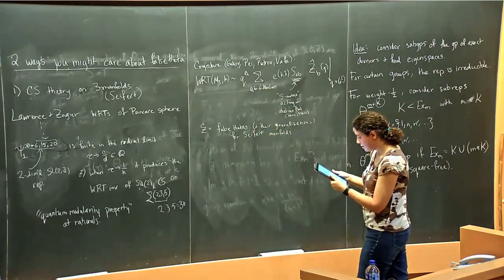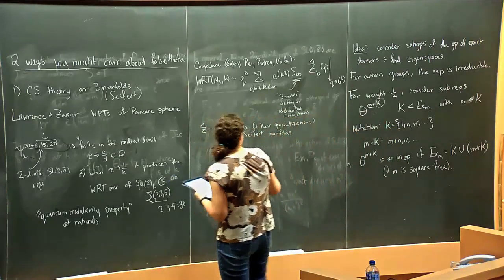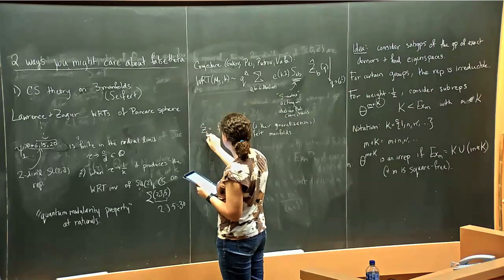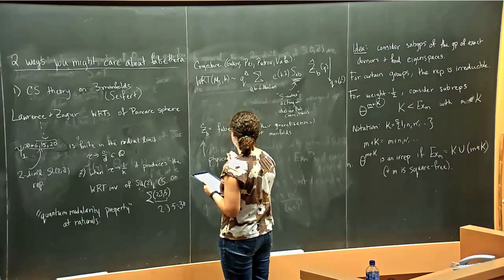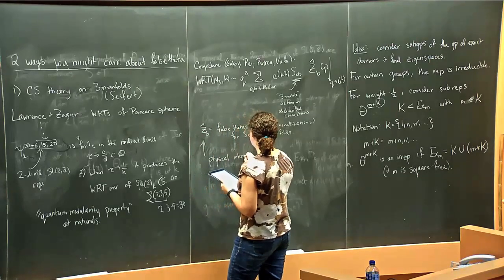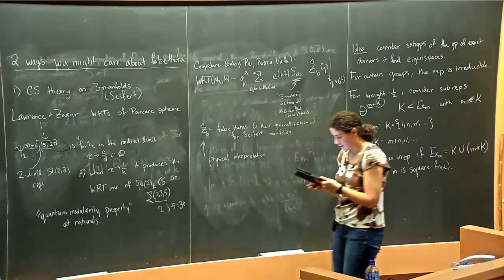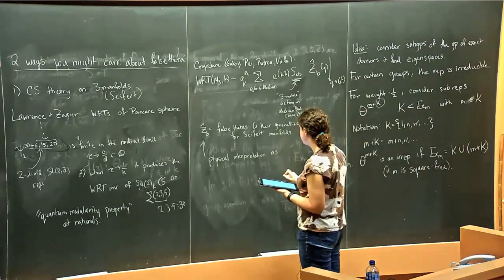And they propose that there's a physical interpretation as a certain index in a three-dimensional N equals 2 theory.